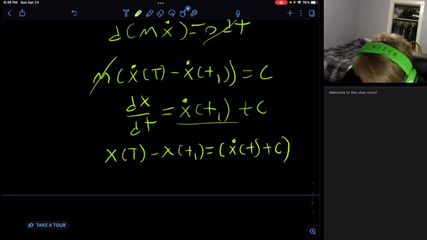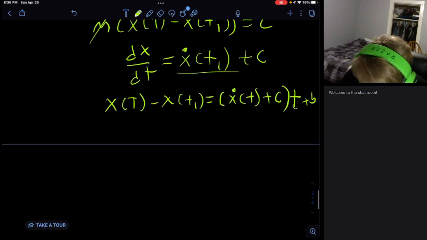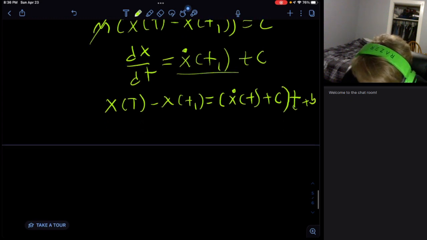And then that's multiplied by t, and then we can add another constant plus b, except that x dot of t1 is also a constant.